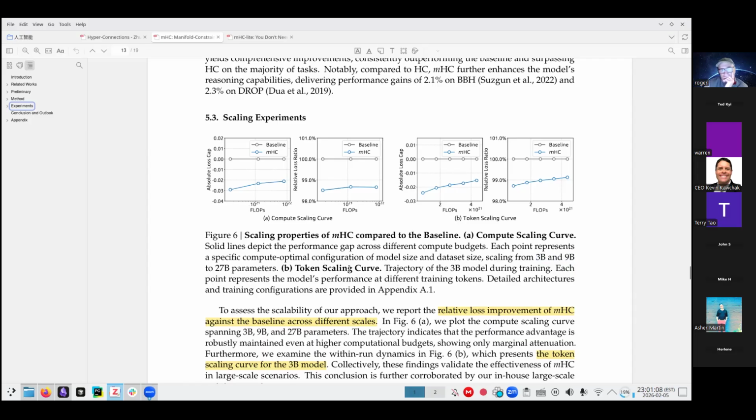Then for the token scaling, I think they used a fixed 3B model during training and probably used different training tokens. But generally, I think they're saying it's consistently better than the baseline when they use different sizes of models and different numbers of tokens.